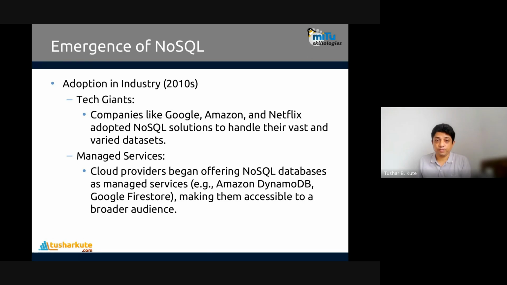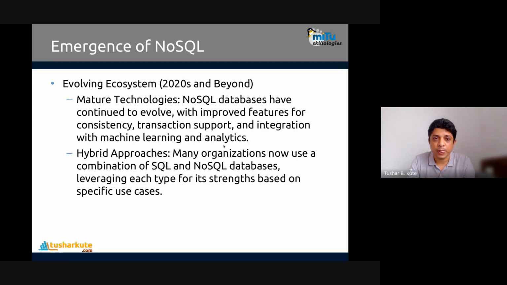Now they have managed services, where cloud providers began offering NoSQL databases as managed services like Amazon DynamoDB and Google Firestore, making them accessible to a broader audience. How is it made accessible to a broader audience? Because on the cloud, on the internet, they are available. So anyone can use their credentials, that is username and password, to log in and access the data. That's why from 2010 onwards these companies have started using these technologies in their software development.